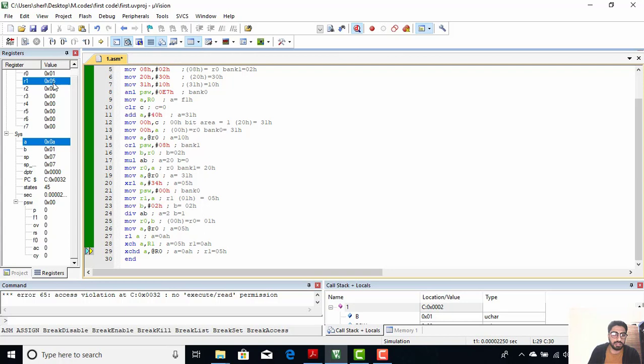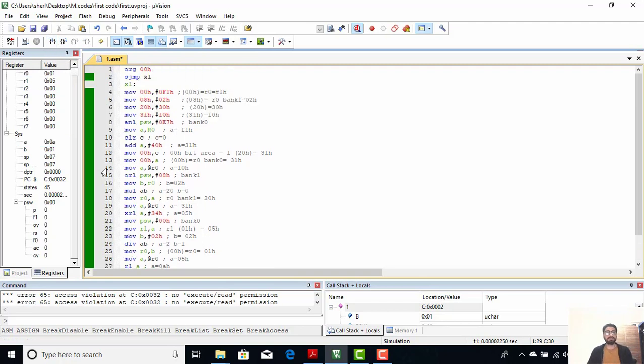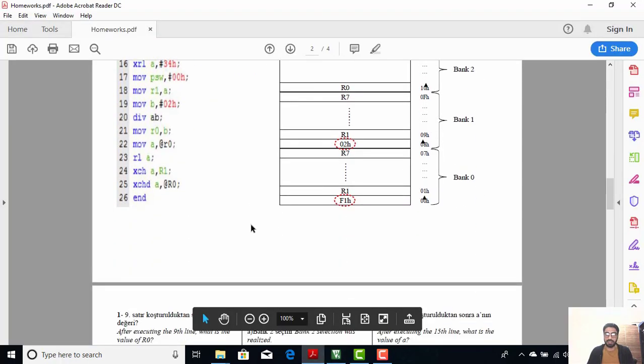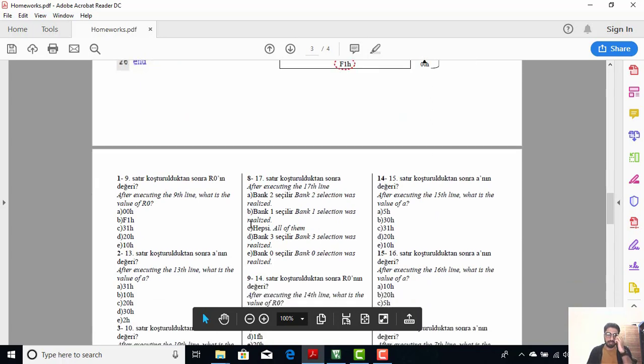Yes, exactly, R1 is 05 and A is 0A hex, and it's the end of the program. Now let's try to solve the questions under this.